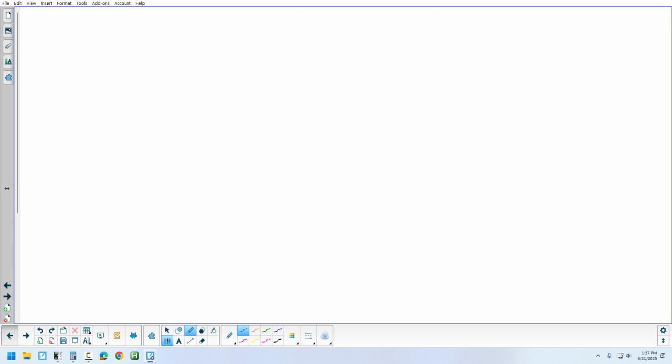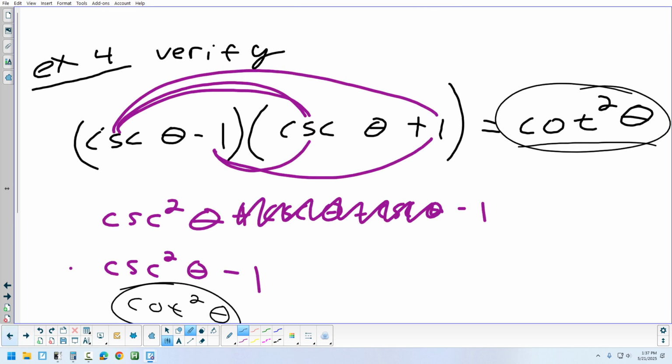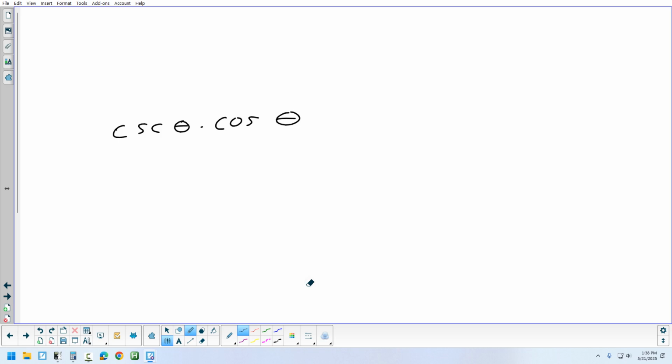Okay. Let's try one from the homework. I'm just going to review a few different ones from yesterday and today. What should we try in this problem? Make cosecant, cosine, or tangent, or sine. What do you want to make it? 1 over sine.